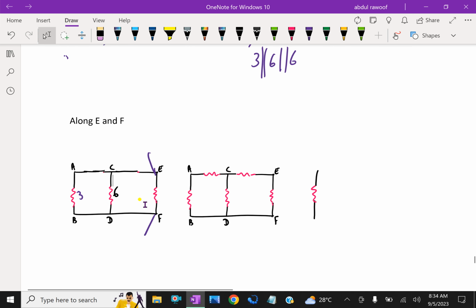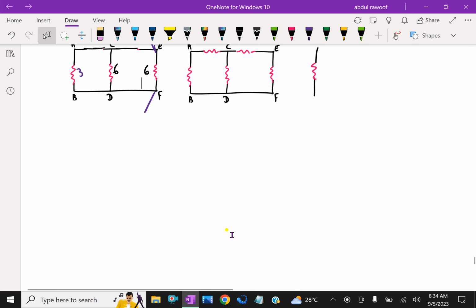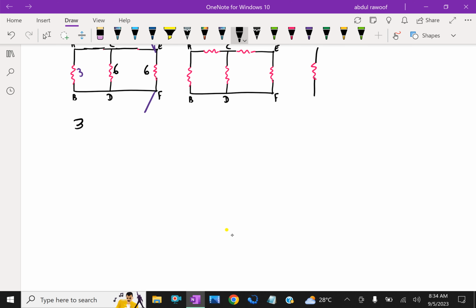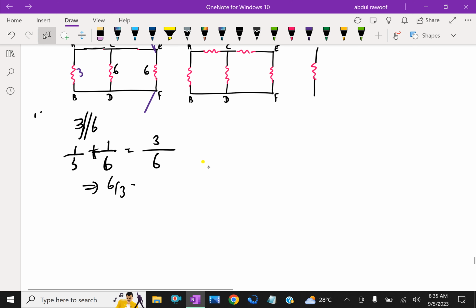Now first these two things, 3 and 6, are in parallel. 3 and 6 in parallel, you can get it: 1 by 3 plus 1 by 6, 6 is the LCM, the numerator is 3, that is 1 over 2. Reciprocal is 6 by 3, which is 2.